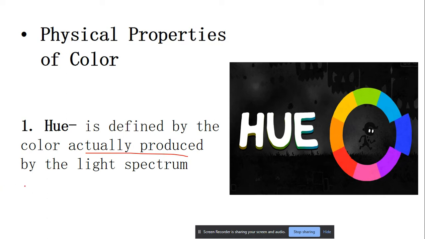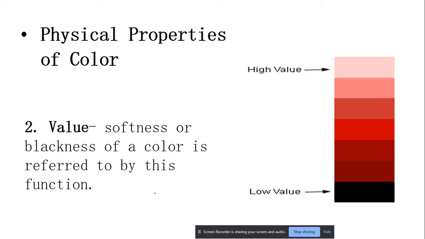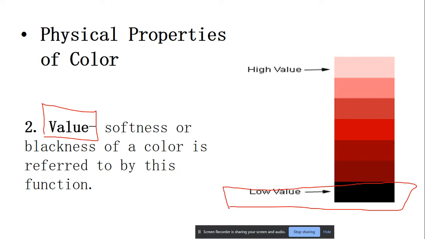And then we have value. The softness or blackness of a color is referred to by this function. So we have the low value up to the high value.